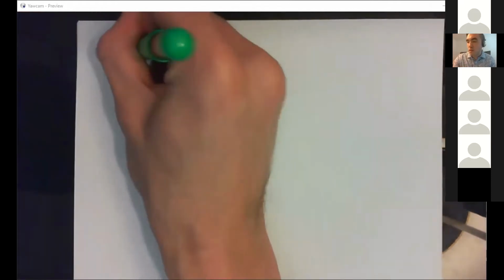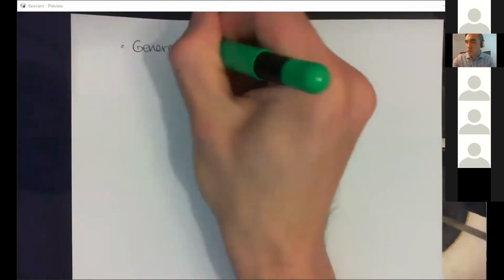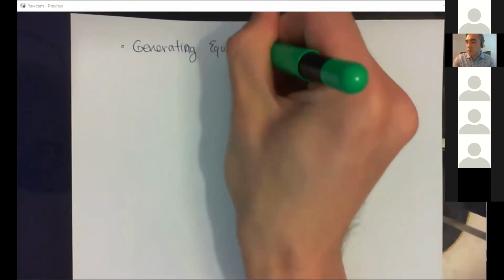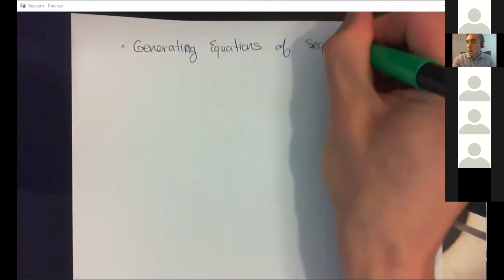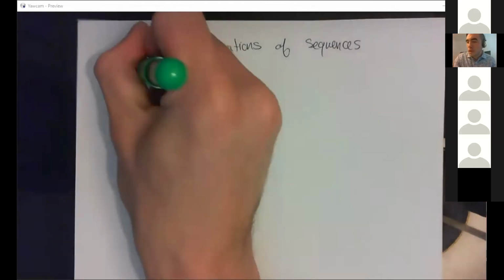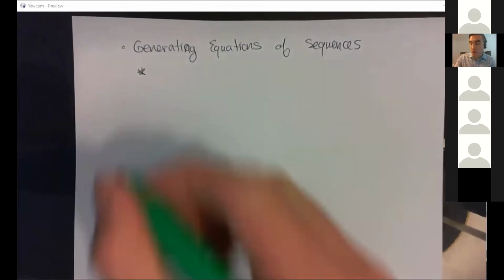So, generating equations of sequences. Here's just some pro tips for how to do this. Like we saw in the warm-up, we had a sign flip back and forth.